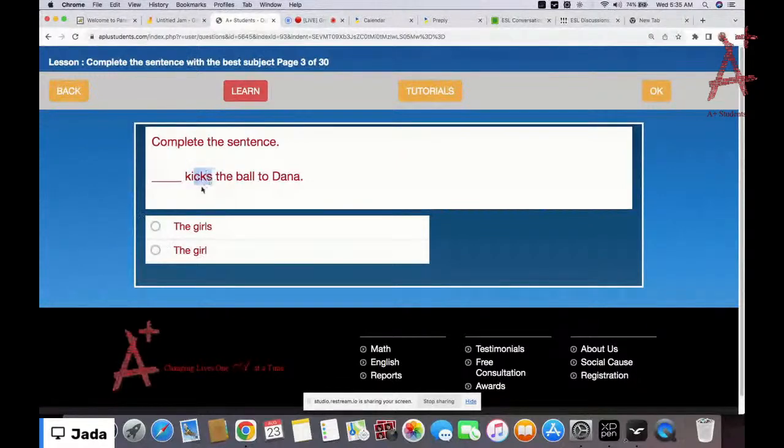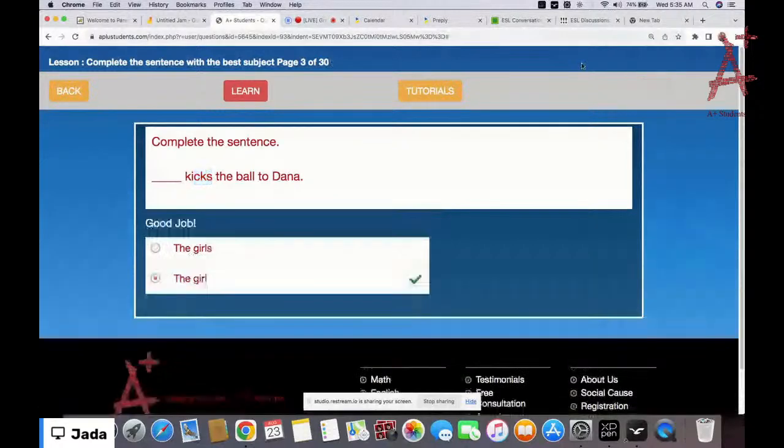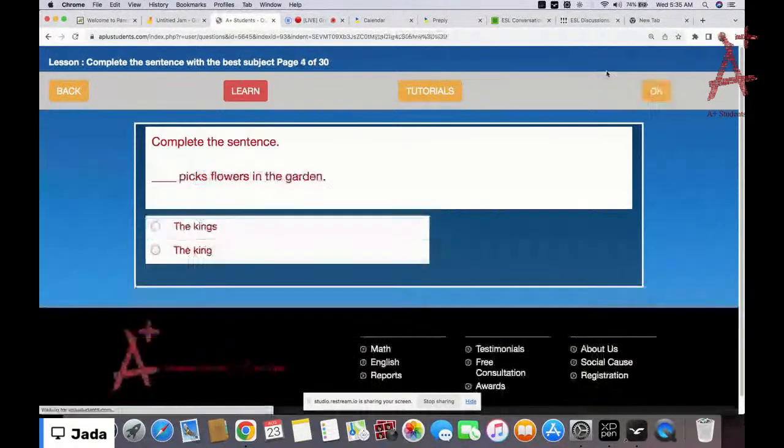Since it has an S, that means the subject should not have an S. So it's going to be "the girl kicks." Okay. Now, since it has what? It has "peaks," right? It has S. Okay, so you see that it has S. So since it has S, it's going to be what? A subject without an S. So it's going to be "the king."